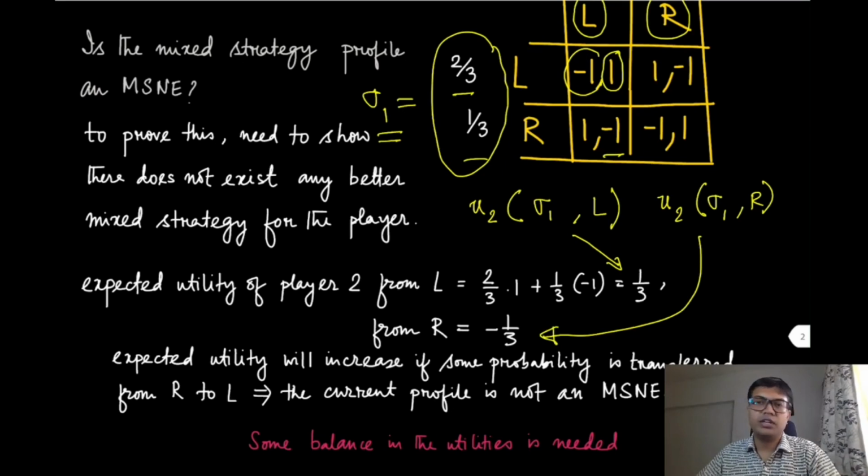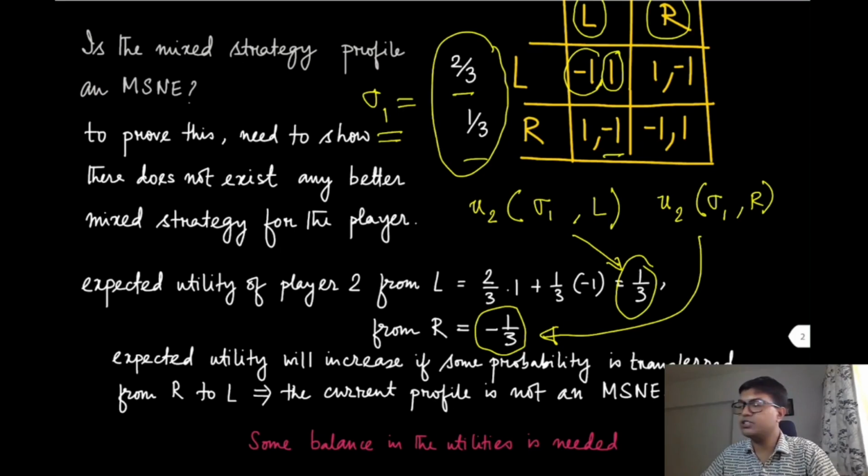So if you are a rational player, then why should you even play R? Because in the world where player 1 is mixing these two strategies L and R in this way, player 2 should not be playing R at all, because this is going to give them minus 1/3, and this is going to give 1/3. Any epsilon amount of probability mass that you can move from R to L is going to give you some benefit, because L gives you a larger expected utility.